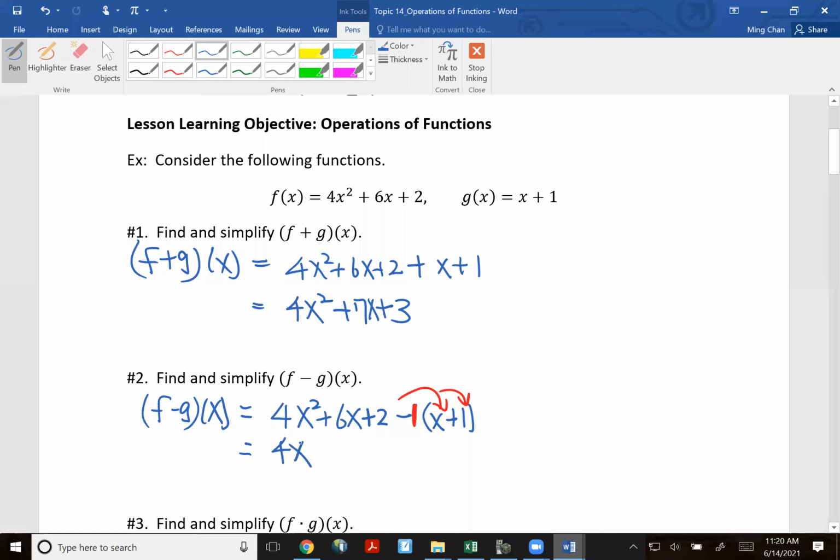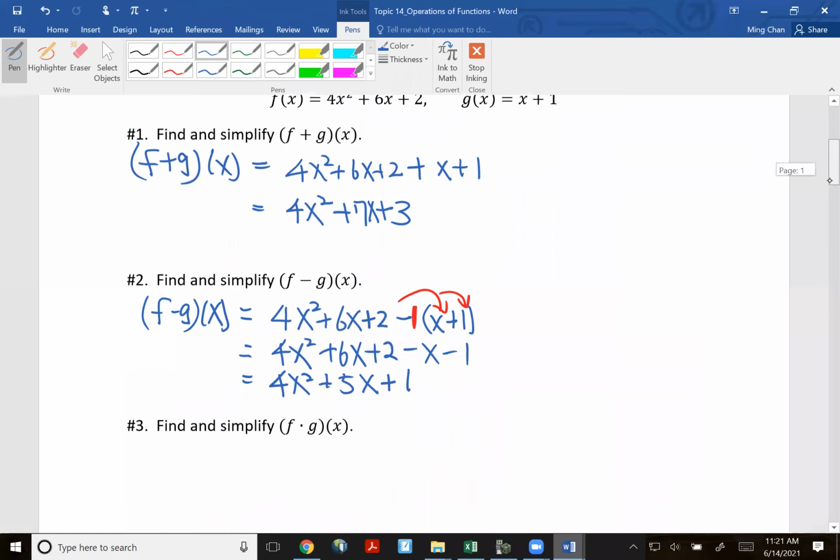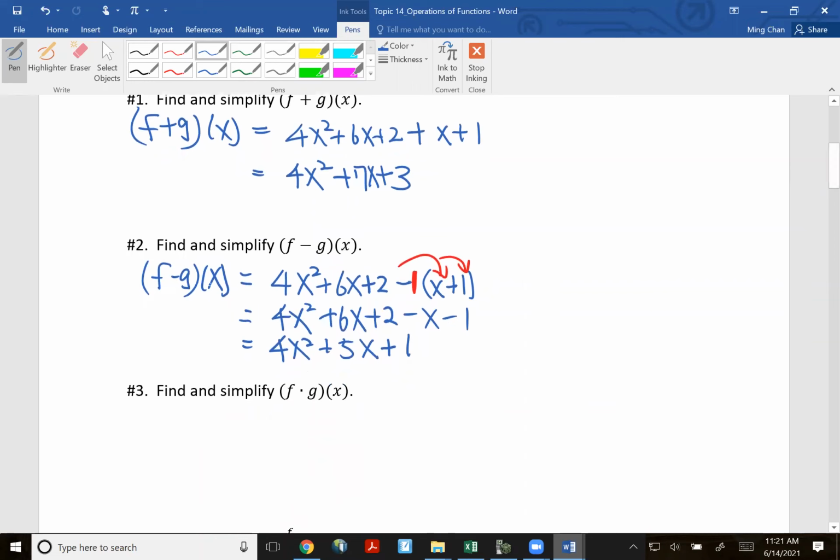So 4x squared stays the same, plus 6x plus 2 minus x minus 1. All right, 4x squared has no one to combine with. 6x minus 1x is positive 5x. 2 minus 1 is positive 1. So that's another new function. This new function is f minus g of x.